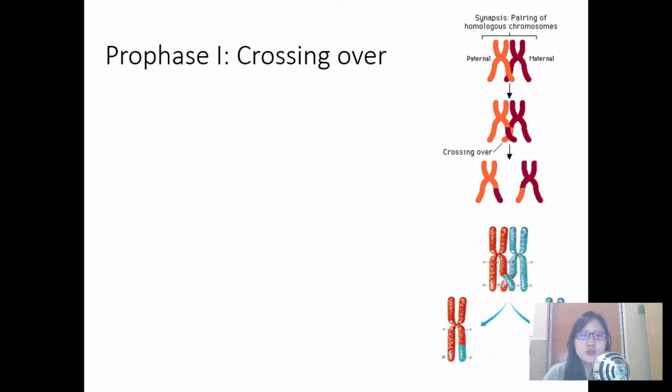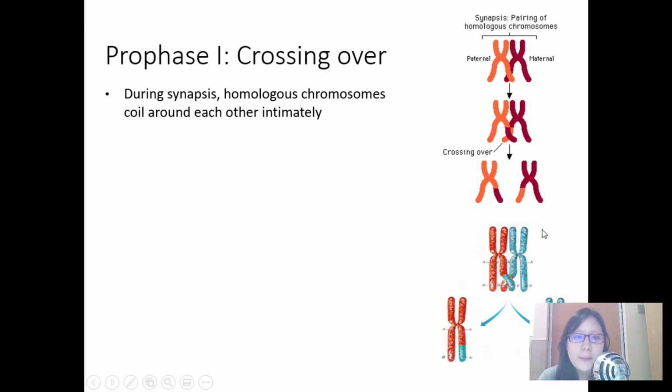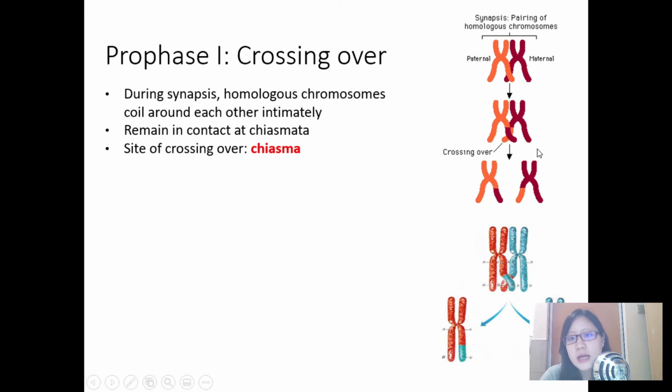So let's take a closer look at what crossing over is, and there are some diagrams here to help us as well. So what happens is during synapsis, which is the pairing of homologous chromosomes, they don't only just pair, they also coil around each other intimately and remain in contact at the chiasma. And it is at the chiasma, this area, or chiasmata, chiasmata is the plural, chiasma is the singular, yep.